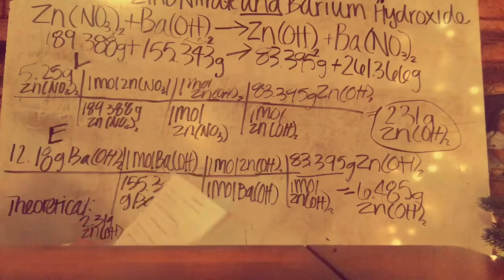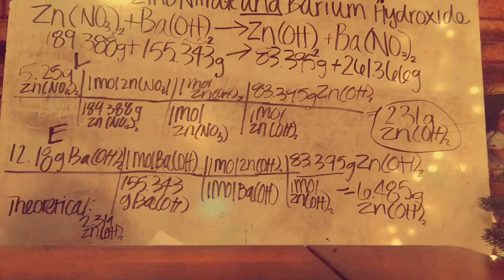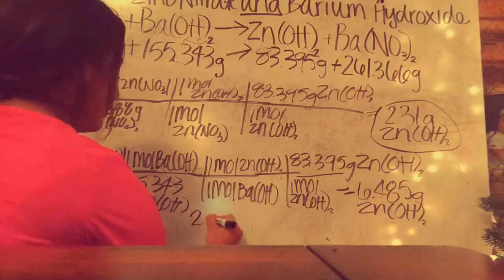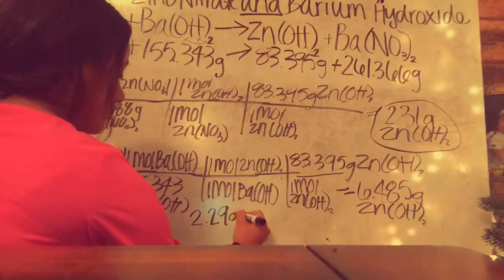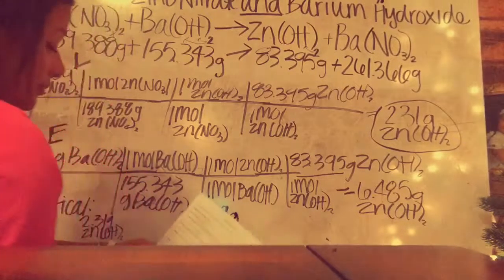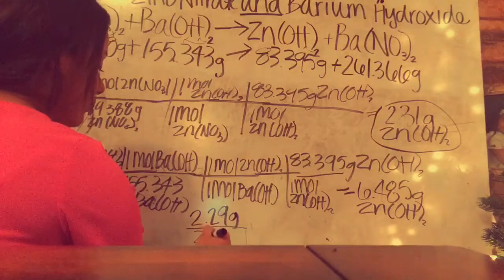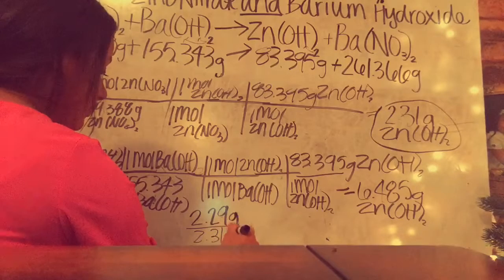So in finding the percent yield, you're going to do the actual amount over the theoretical amount. So I have been given the actual amount, which is 2.29 grams over our theoretical yield, which is 2.31. Okay?